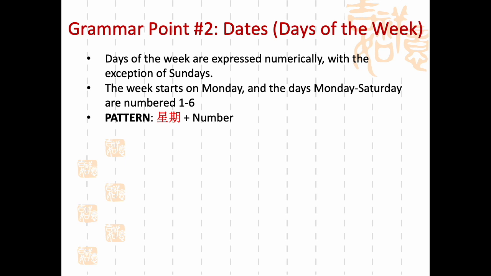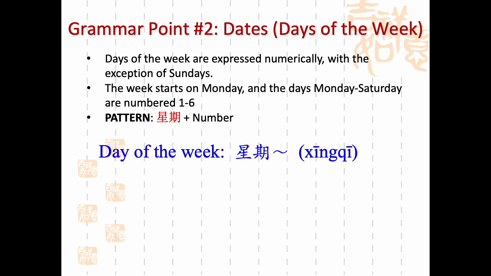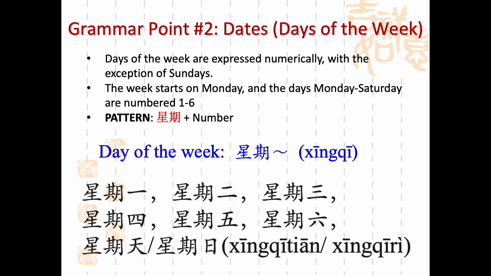So here's the pattern. 星期 followed by the number that corresponds to the day. The only thing that might get a bit tricky here is when you're saying Sunday. There's two different ways you can say Sunday. We could say 星期天 or 星期日. The main difference is that 星期日 is more formal and often appears in writing.